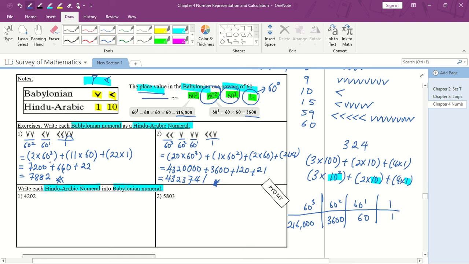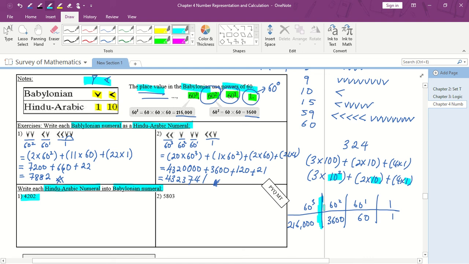The first thing we need to do is we need to identify 4202. So which category does it belong to? Okay, 4202. If you notice, 4202 is in between here, right? In between 216000 and 3600.